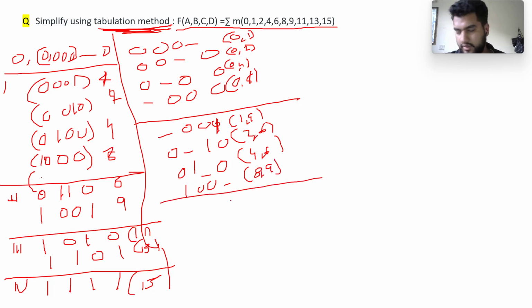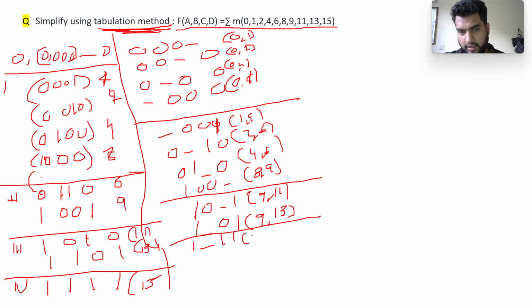Then we have 9 11 and 9 13. And finally we have 11 15 and 13 15.